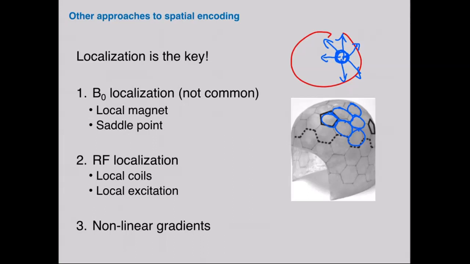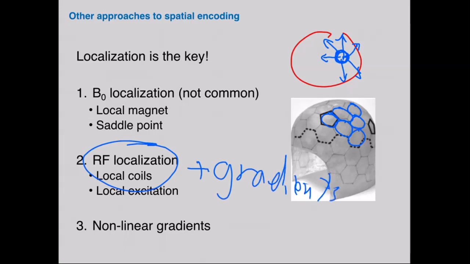Now, if you think about it, local coils can give you some selectivity. Gradients give you selectivity, but maybe you can combine RF localization plus gradients together. And this topic is called parallel imaging, which allows you to speed up MRI acquisition significantly.